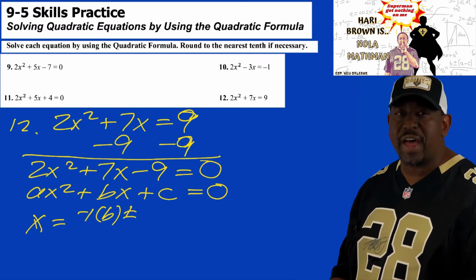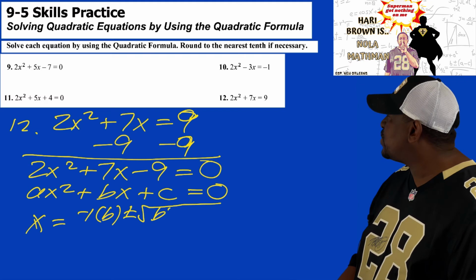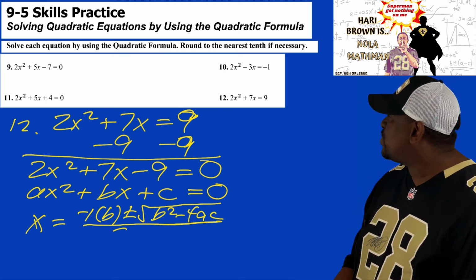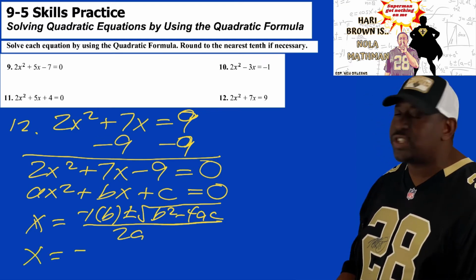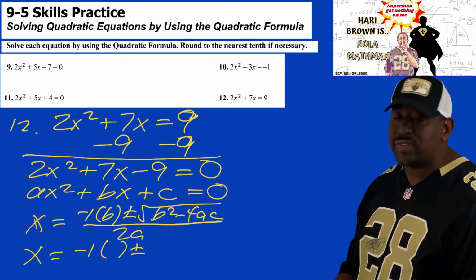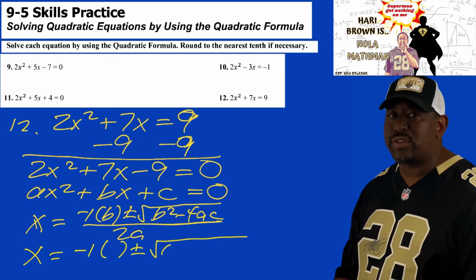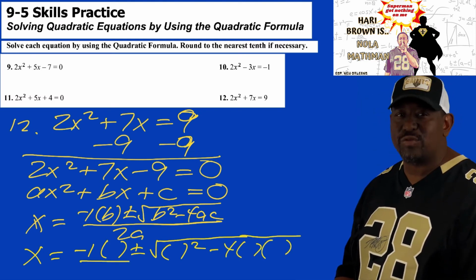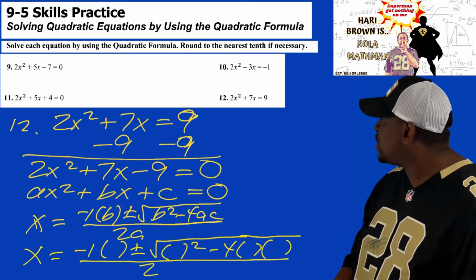Oh, look, NOLA MATHMAN didn't do it that time. I guess he went straight into the quadratic formula, but I'm sure we would know that you're going to pull out a, b, and c. A is going to be 2, b is going to be 7, and c is going to be negative 9. So you want to write that out. NOLA MATHMAN is getting a little cocky here. He's so good at it, he doesn't feel like he needs to write it out, but you want to write that out.